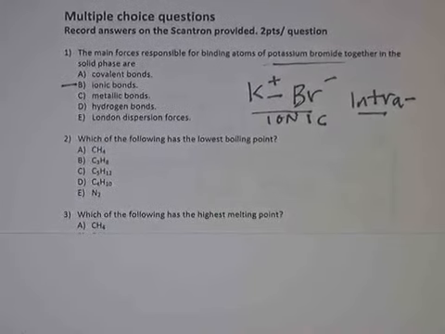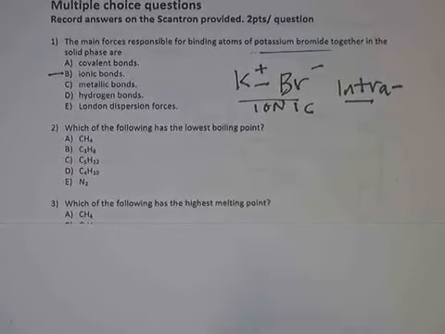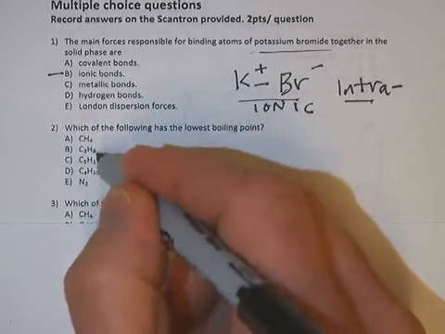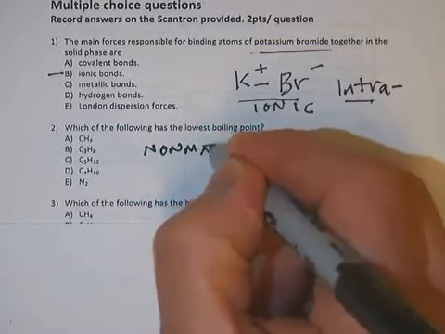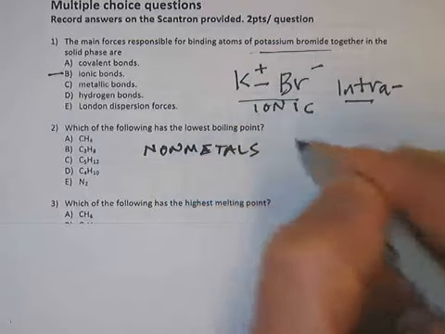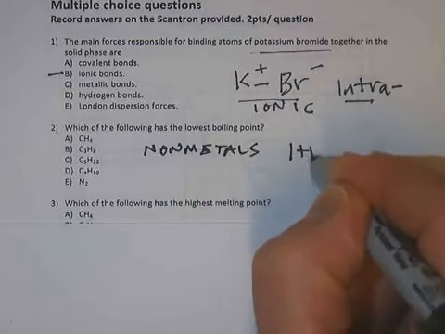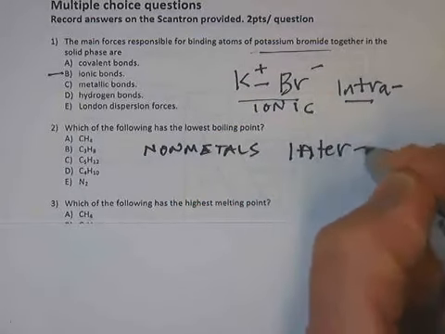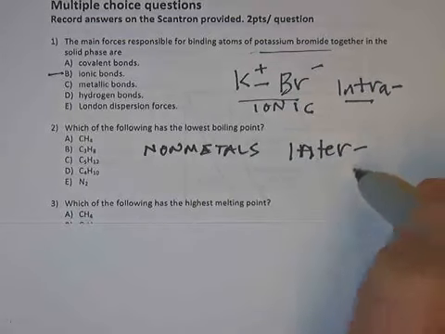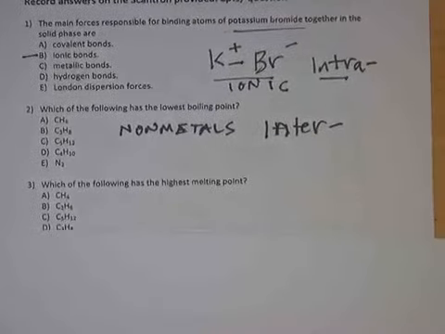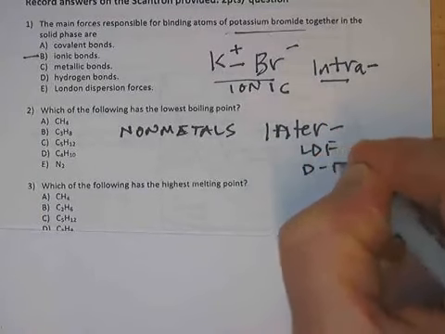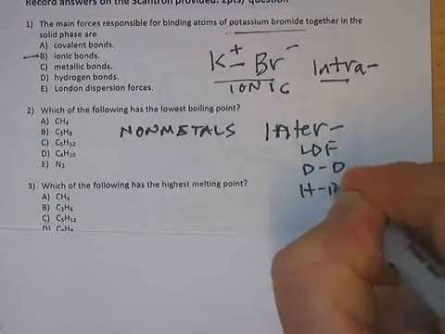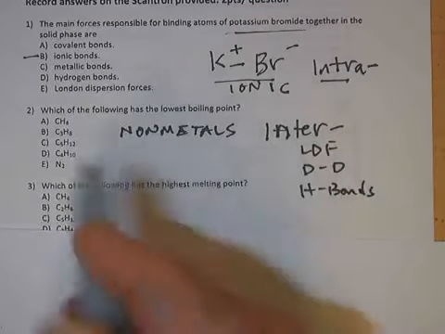Number 2, which of the following has the lowest boiling point? So now you want to take a look at the types of substances and notice that these are all nonmetals, and all nonmetals then are held together molecularly by intermolecular forces. And the intermolecular forces that you should be really familiar with are London dispersion forces, dipole-dipole forces, and hydrogen bonding forces.